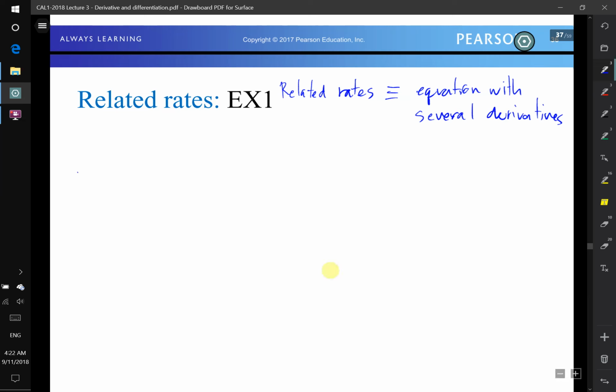We have this air pump which pumps air into a balloon.